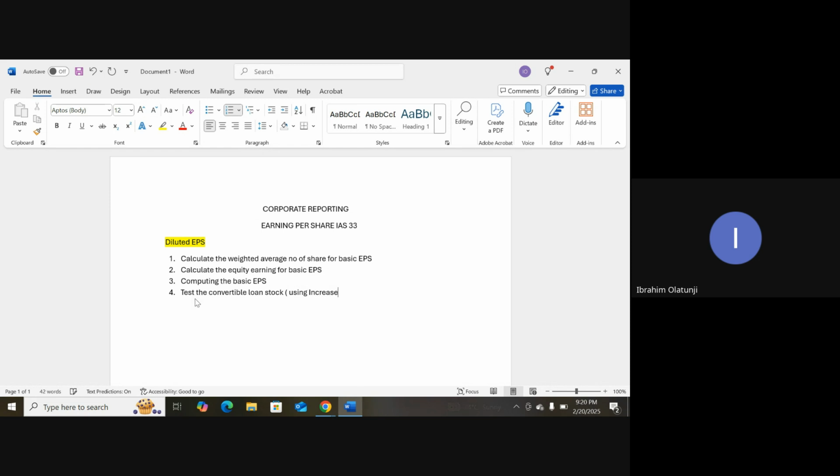I explained this yesterday. And I said we are going to demonstrate that today. So when you do all this, then you can now test for what?